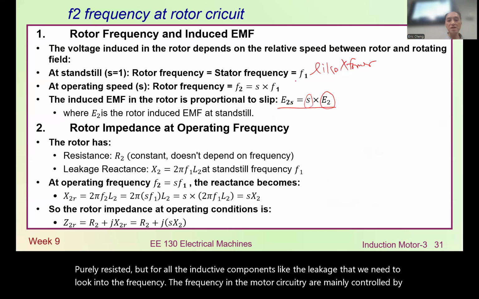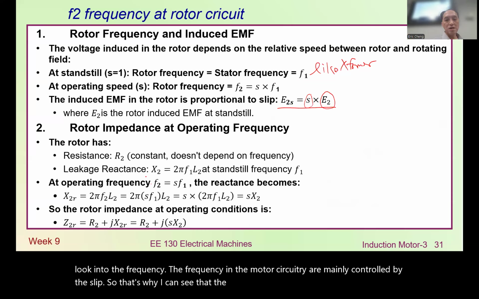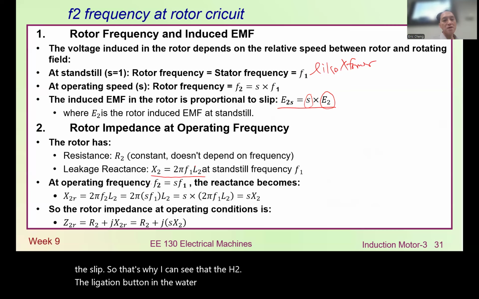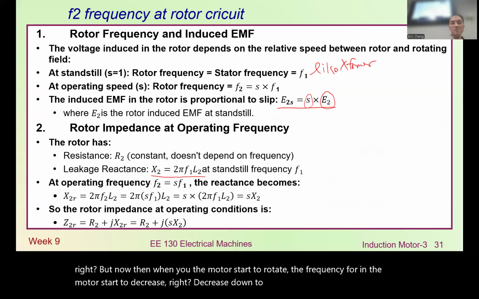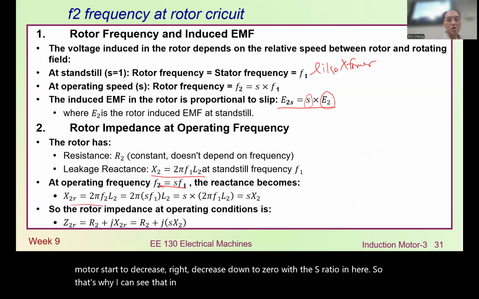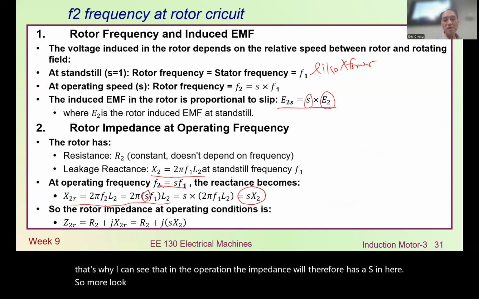So that's why you can see that X2, the leakage reactance on the rotor side at standstill, is of course equal to 2 pi F1 L2, right? But when the motor starts to rotate, the frequency for the rotor starts to decrease, down to 0, with the S ratio here. So in operation, the reactance will therefore have an S in it, and it becomes S X2.